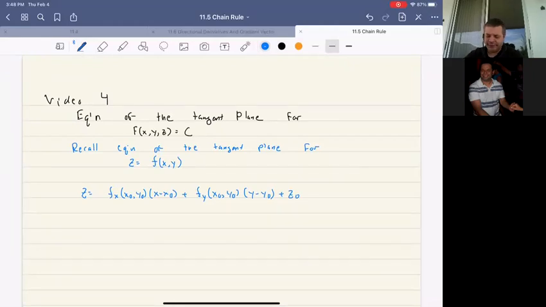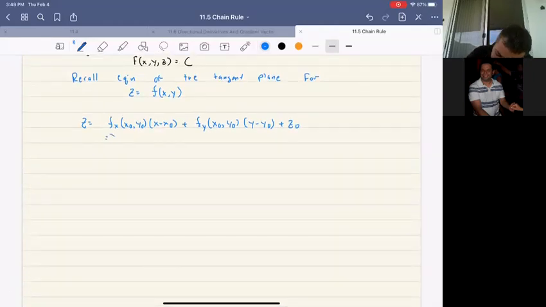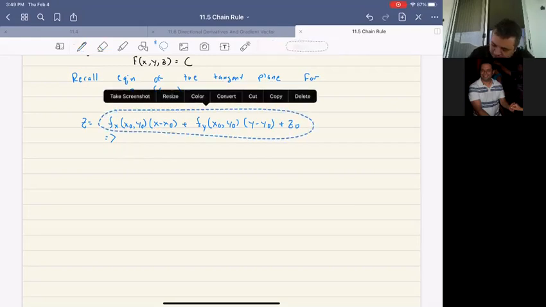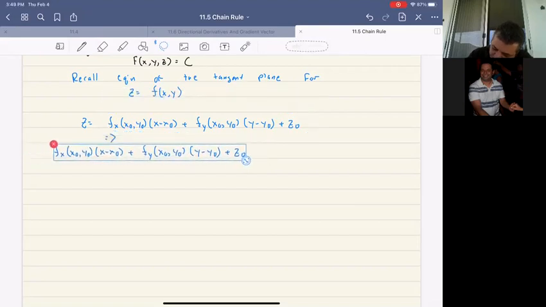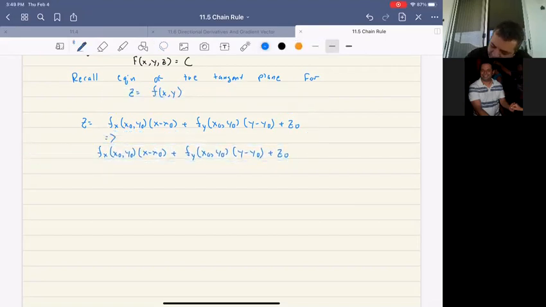Let's rewrite this. Okay, we're going to rewrite this as f sub x times x minus x0, plus f sub y times y minus y0, minus z minus z0 equals 0.